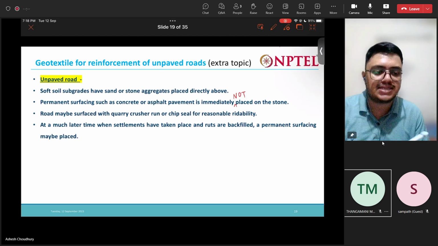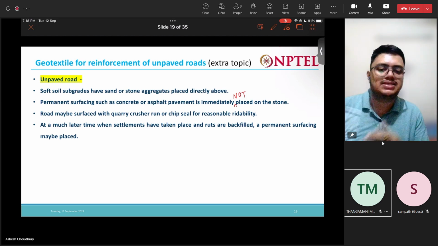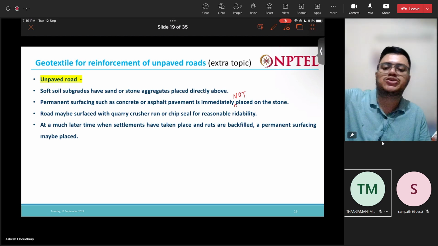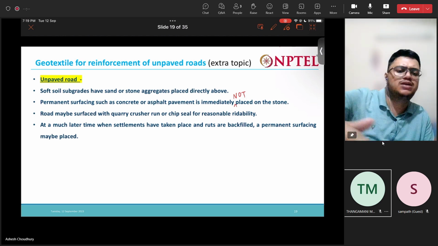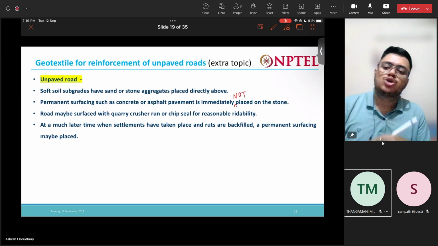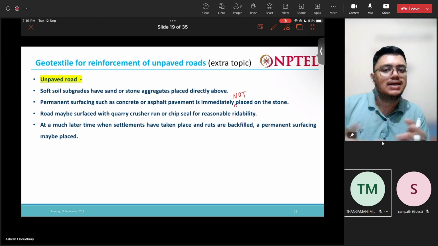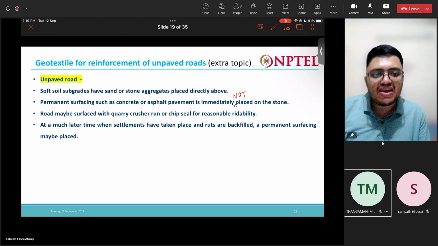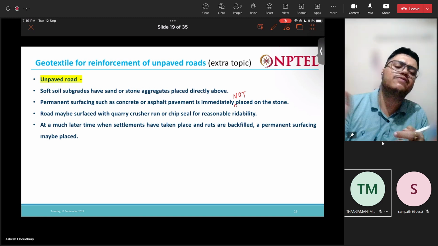So that we have reasonable rideability, so that the vehicles can move easily, we place crusher stone or chip to have a little bit of smooth surface. At a later time, when settlements have taken place and the ruts caused by the movement of the vehicles have been backfilled, the permanent surfacing may be placed in the future.